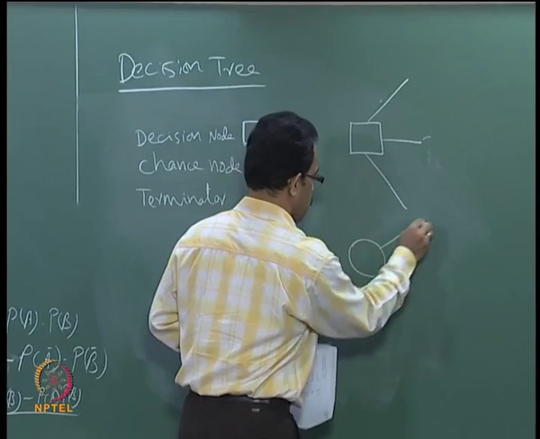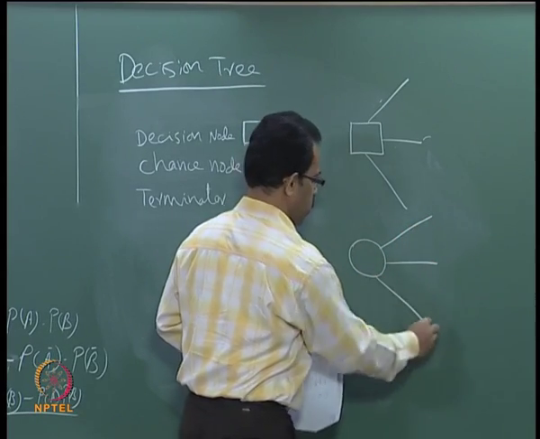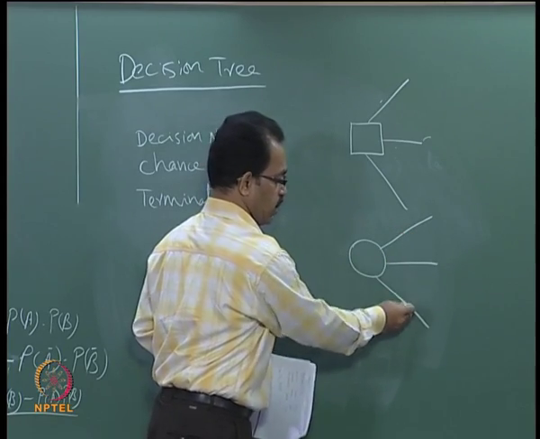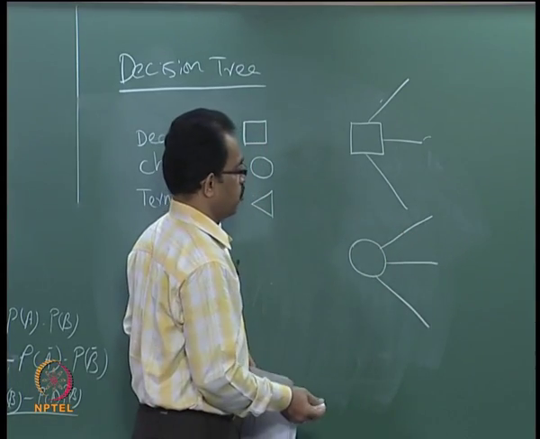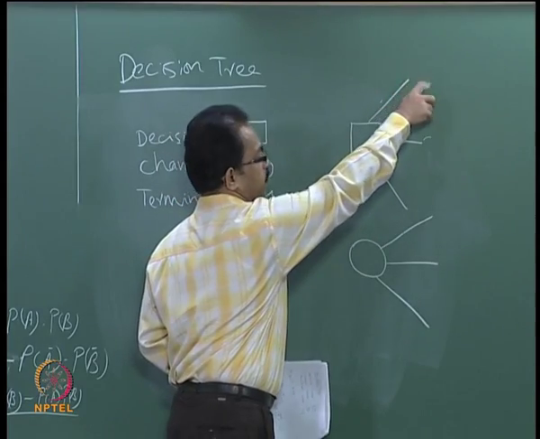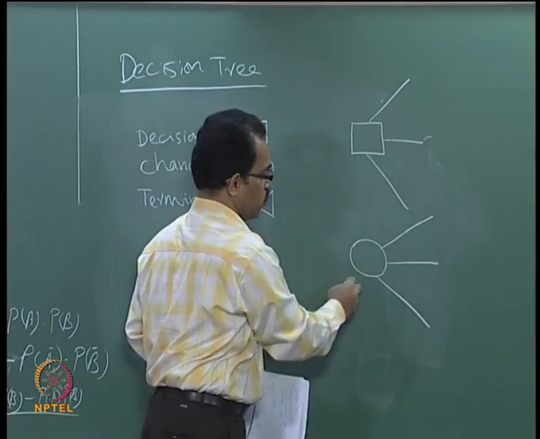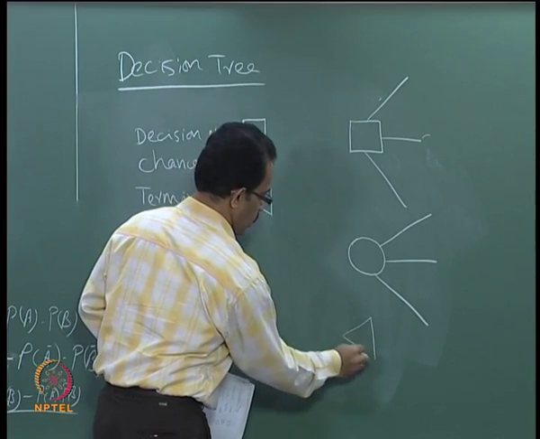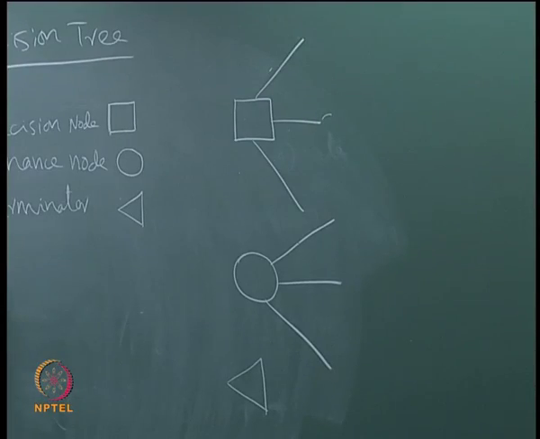When you come to one particular stage, you will have the choices of various options. You can go for a low cost product, a high cost product, or a medium cost product when you want to buy the product. The choices are shown by the choice node, and the terminator, the final decision, is shown like this. These are the nodes by which we can develop the decision tree.